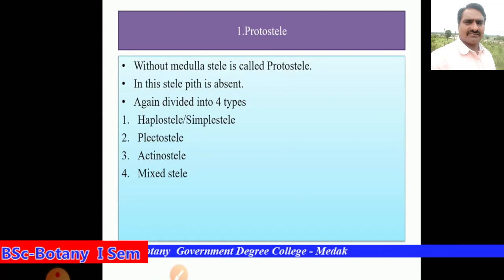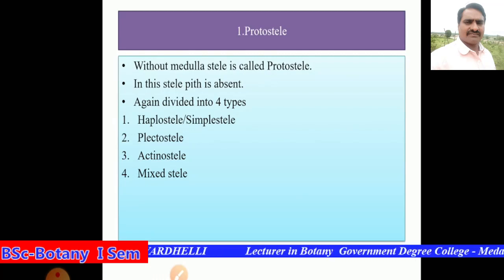What is protostele? Protostele means a stele without medulla or pith. So in protostele, pith or medulla is absent. This type of protostele we can see in primitive pteridophyta plants, right?